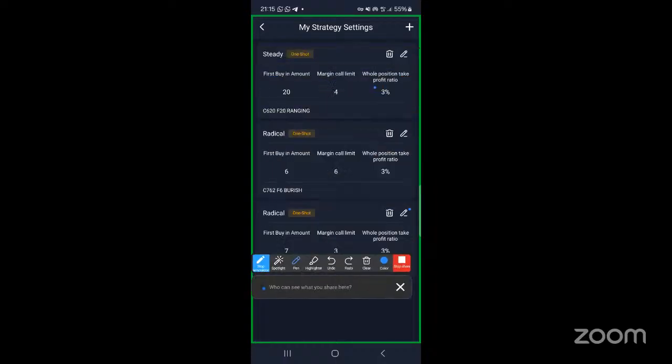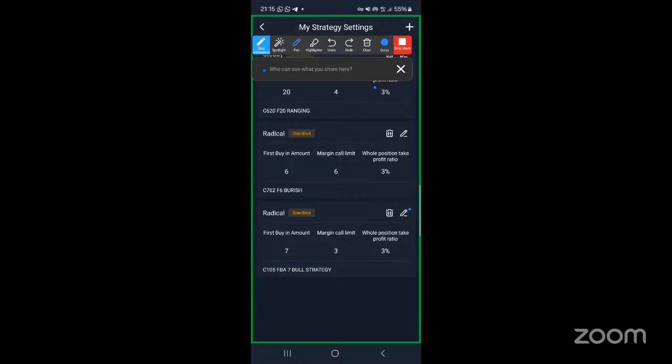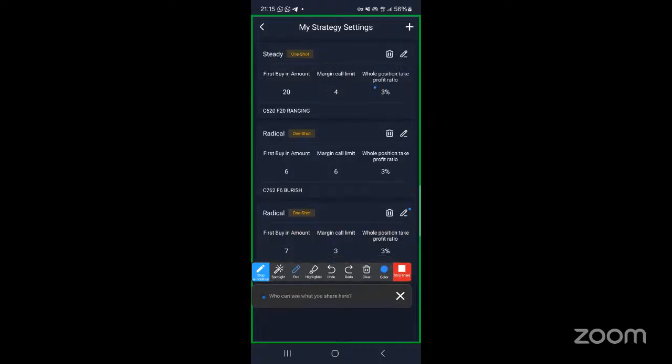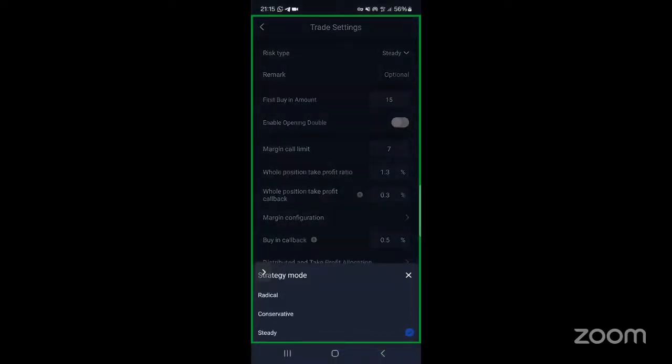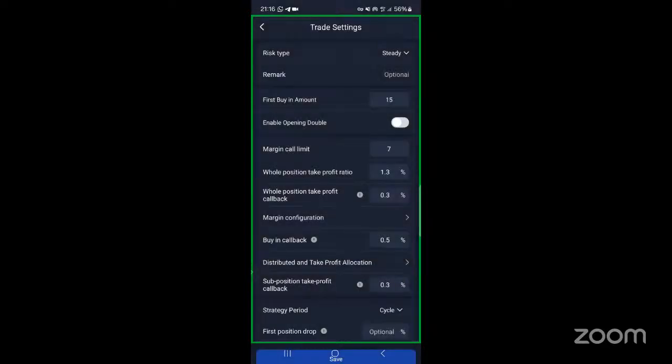So we want to use a strategy that works for us in a bearish market. Since none of the ones I created is bearish, we are going to do a strategy that would work for us.